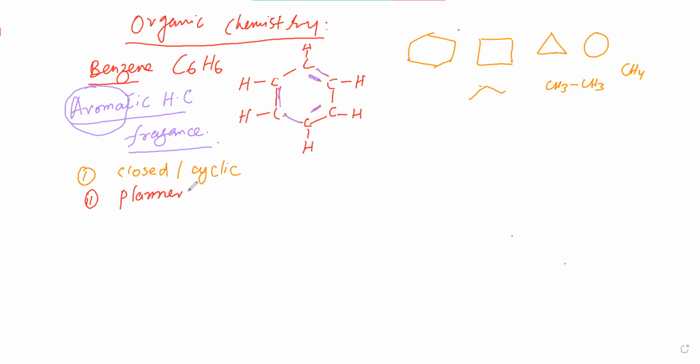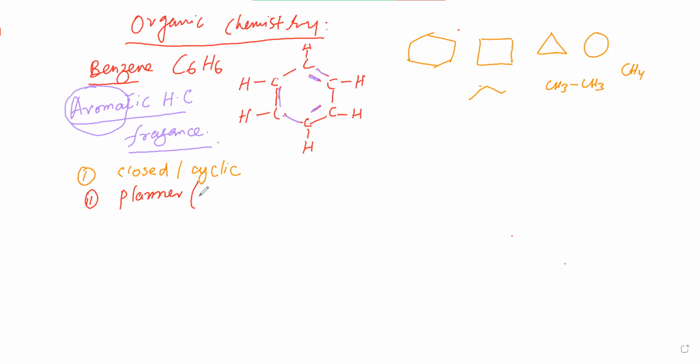Planar means all the atoms must be present on one plane, on a single axis. It shouldn't be placed in two or three axes, like X, Y, Z. It should be either on the Y axis or Z or X axis. So that's called planar.